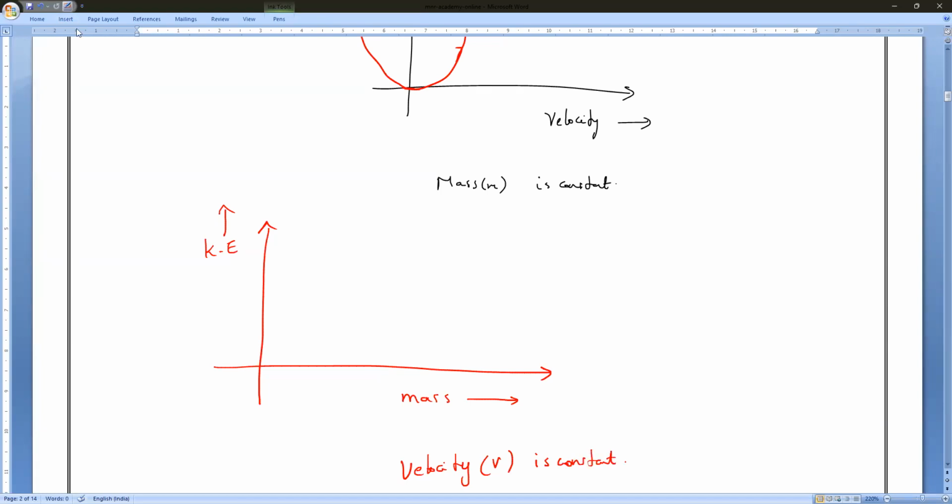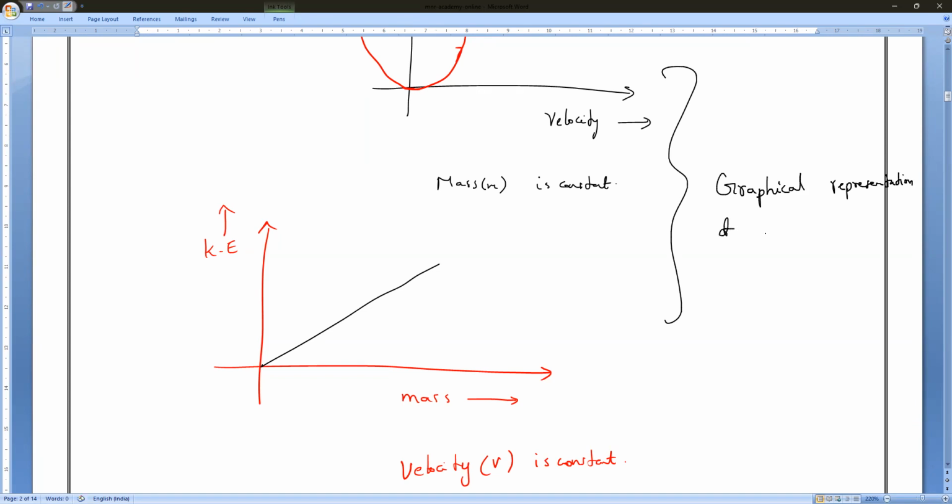Then we will get a linear graph. So this is the graphical representation of kinetic energy. Both are graphical representations of kinetic energy.